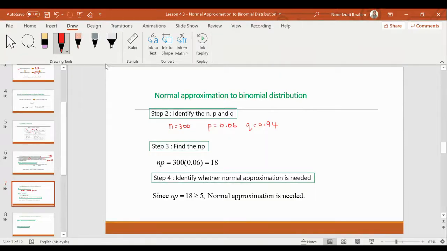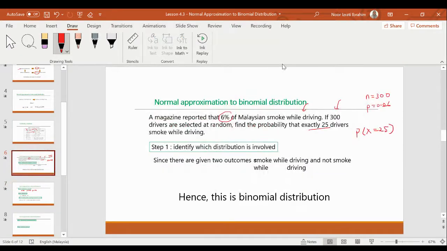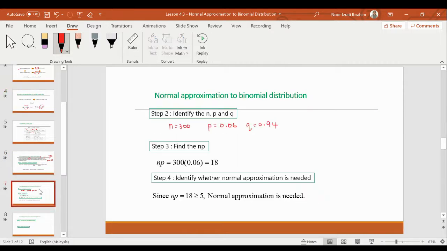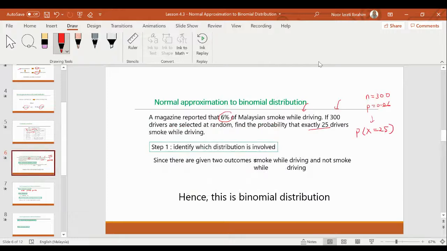Before we go through all the other steps here, let us look at the question. We want to find x equals 25. You can actually use binomial to do this. But let's say I change the question: find the probability that more than 25. So it will be the probability when x is greater than 25.